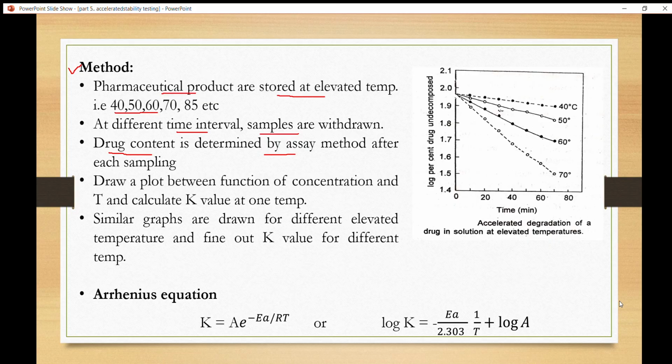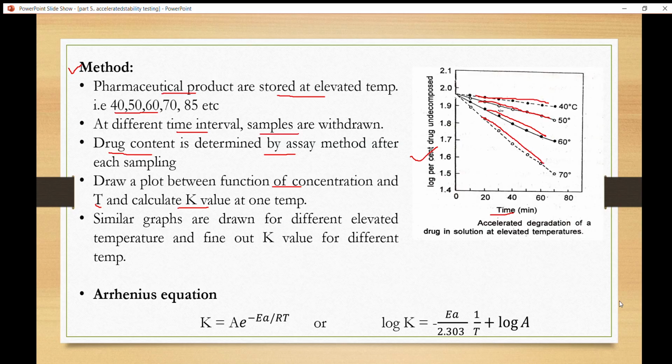Then plot the graph of concentration function on the y-axis and time on the x-axis, and calculate the K value at each temperature by using the specific rate constant for the relevant order. Here in this graph you can see that this linear line is for 40 degrees Celsius, this line is for 50 degrees, this is for 60, and this is for 70 degrees.